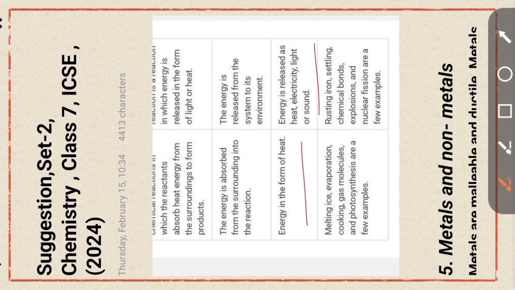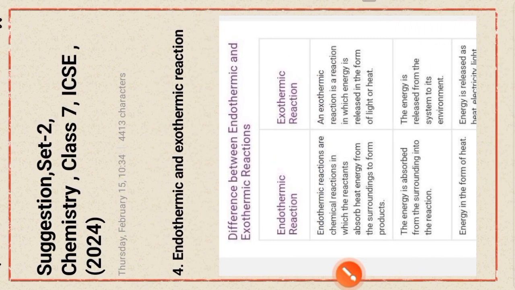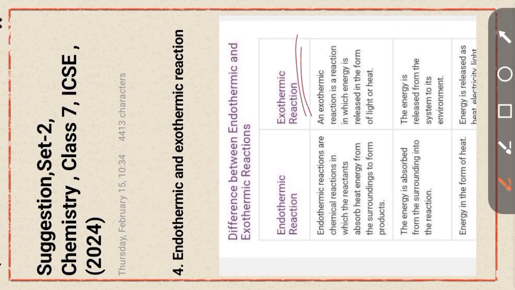Examples of endothermic: melting ice, evaporation, cooking, and photosynthesis. But the rusting of iron, etc. is an example of an exothermic reaction.